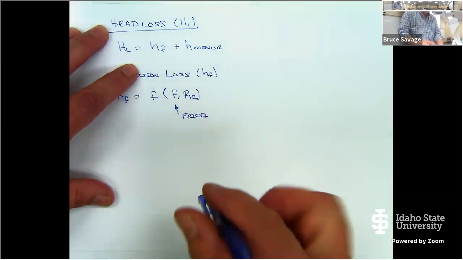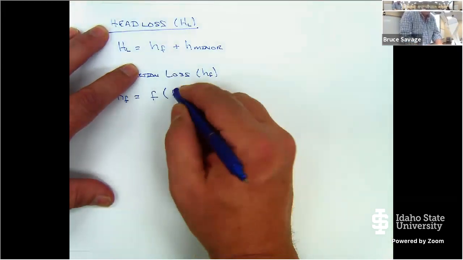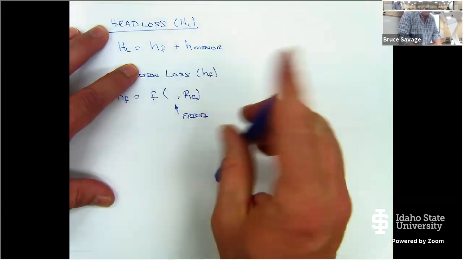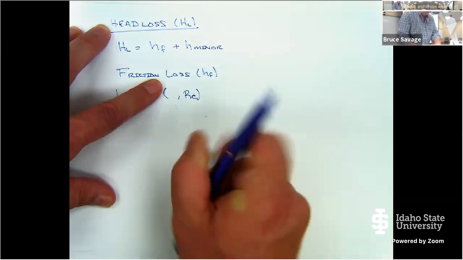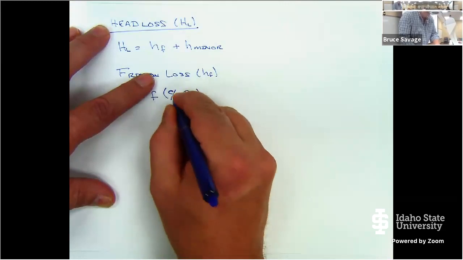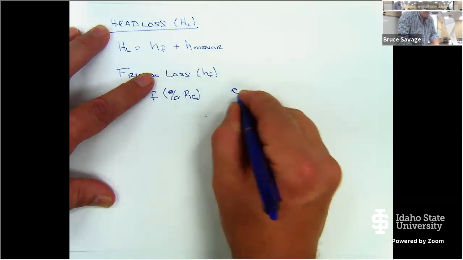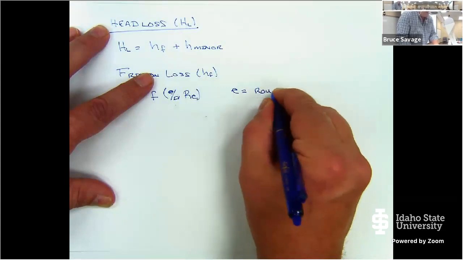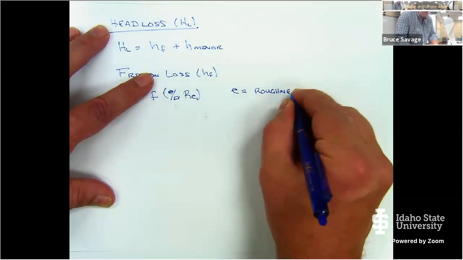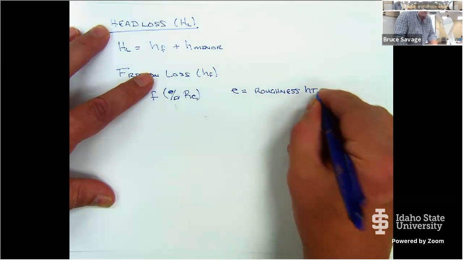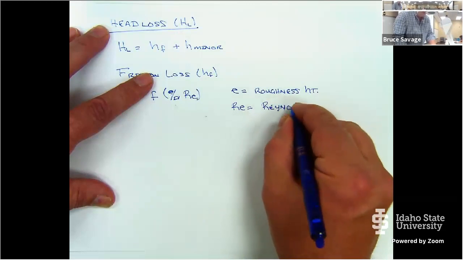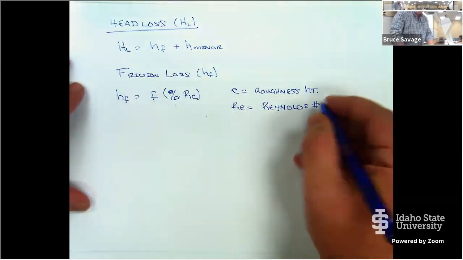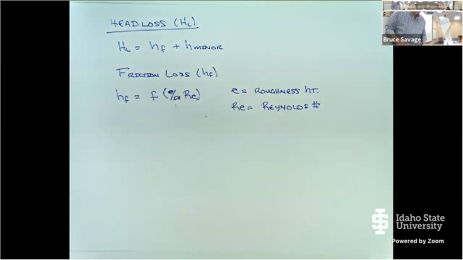The head loss is a function, but rather than the friction factor, it's actually supposed to be E over D, where E is the roughness height, and R sub E is the Reynolds number. That's the physical properties of our pipe.